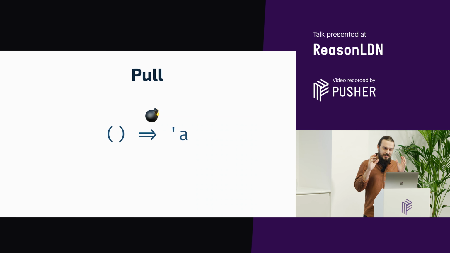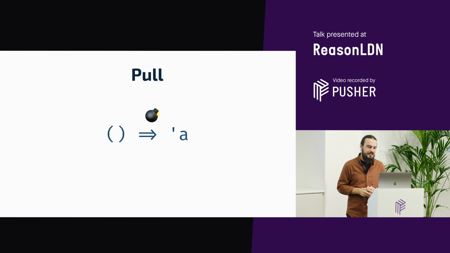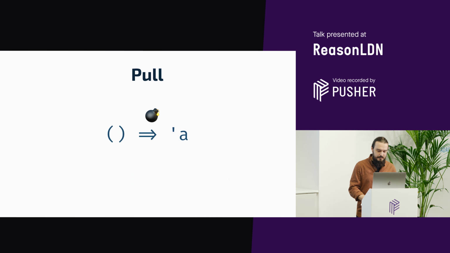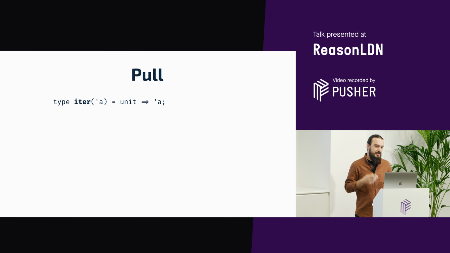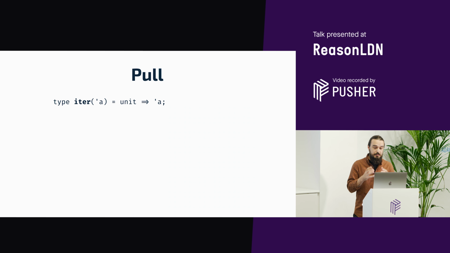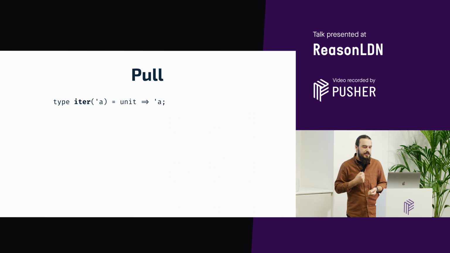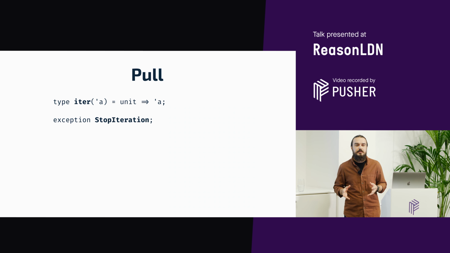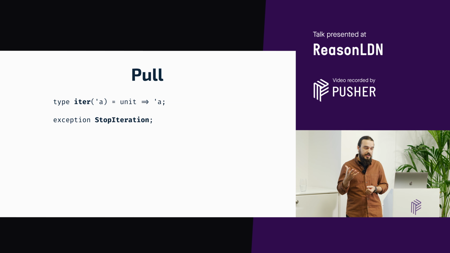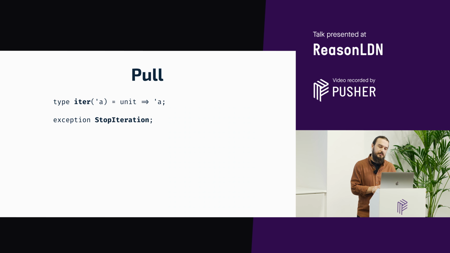But for now, let's just use exceptions. Let's just use this specific model. So we define this iterator type that is the same thing that I showed you. It's a pull-based iterator. We need to ask for things to get them. We define the stop iteration exception that will be used to indicate the termination of the producer.